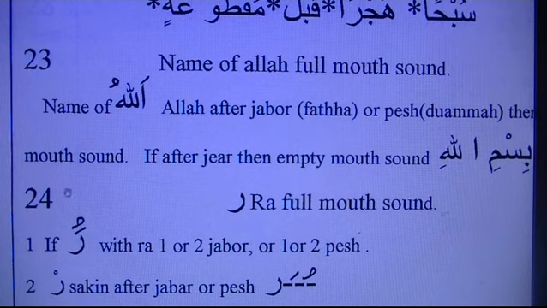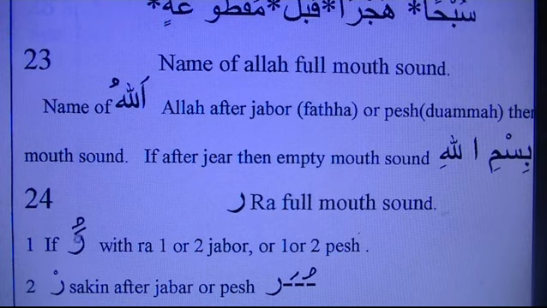So best if you have got my books, and then you can see these things here also. It will tell you about ra with zabar or pesh, fatha or dhamma. There can be 2 zabar, can be 2 zer.